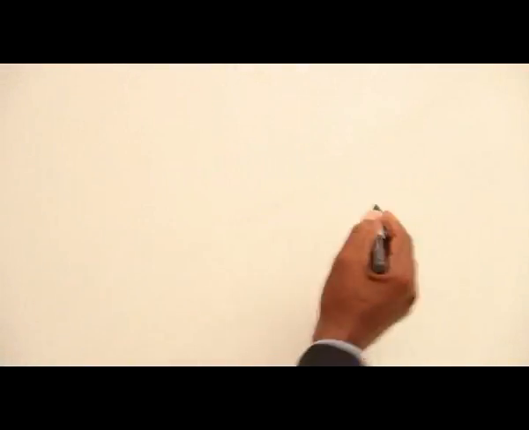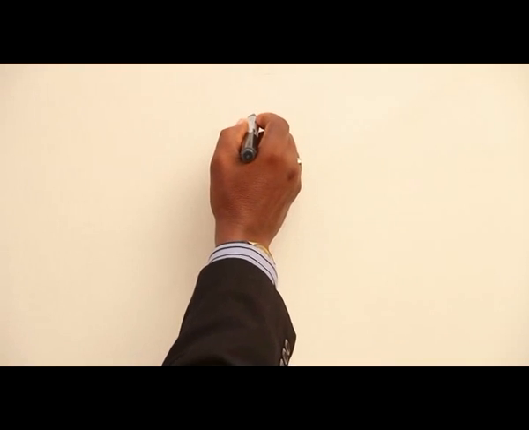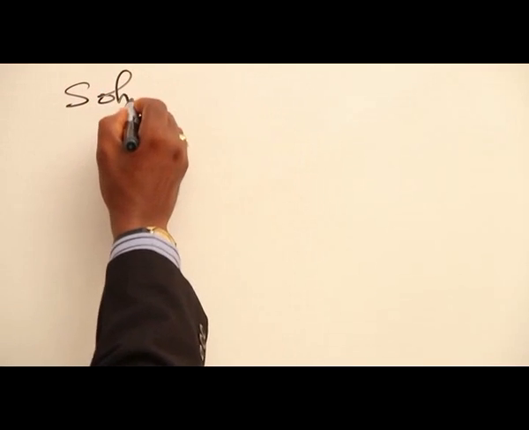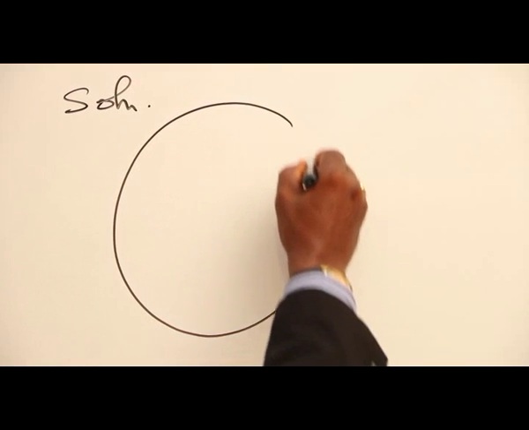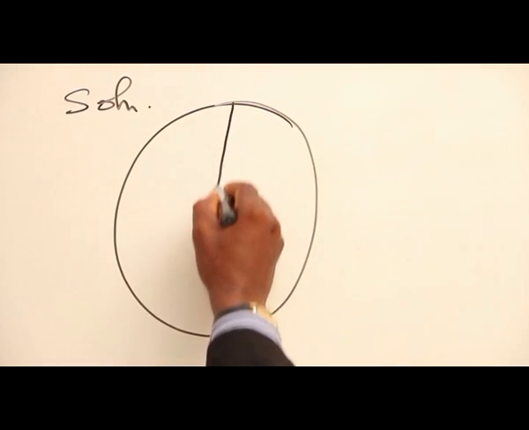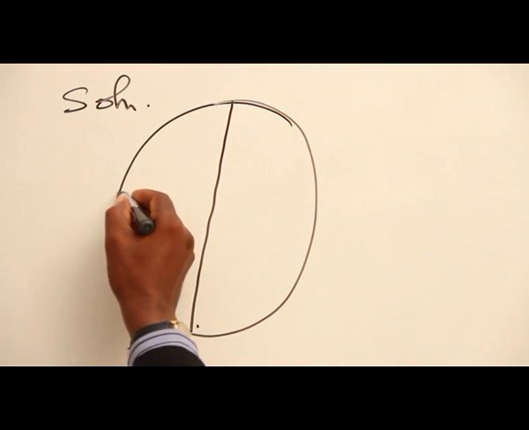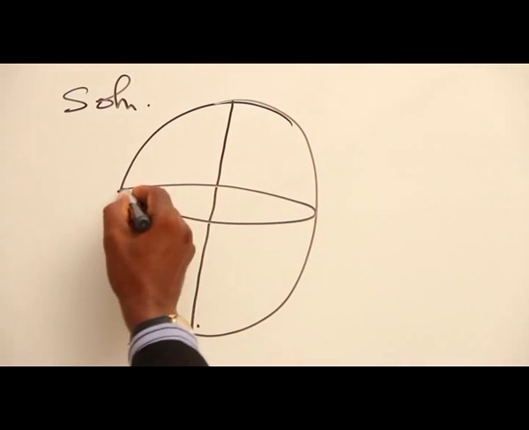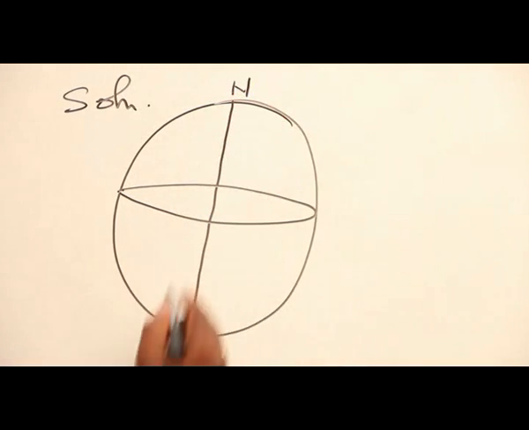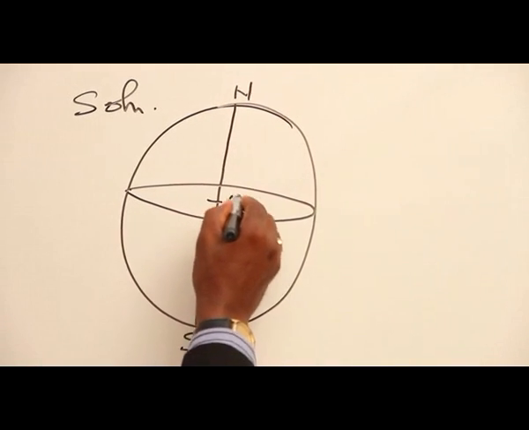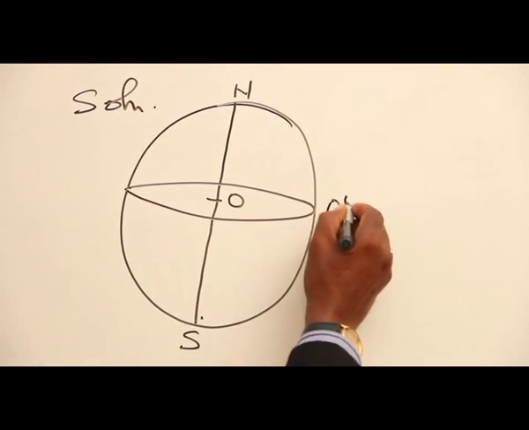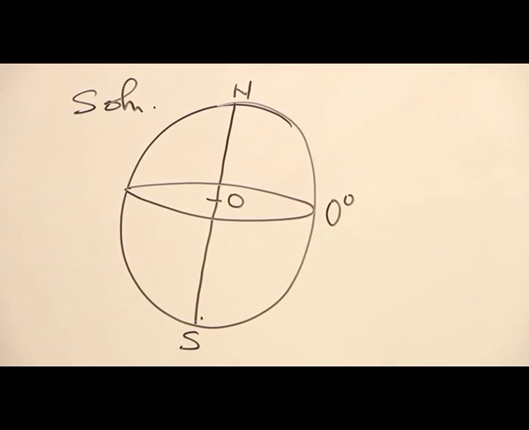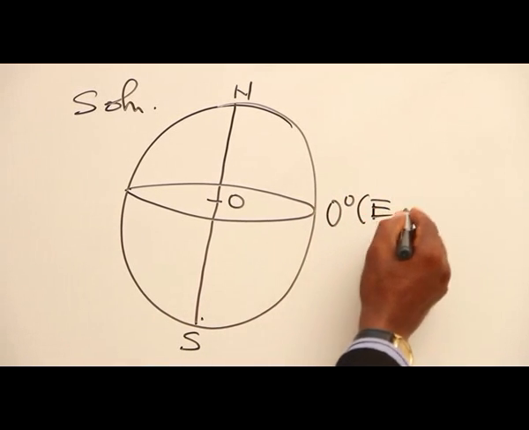We may wish to represent the information diagrammatically. So let's draw a diagram in our solution. This is our equator. This is the North Pole. This is the South Pole. This is the center of the Earth. And this is latitude 0 degrees, the equator.